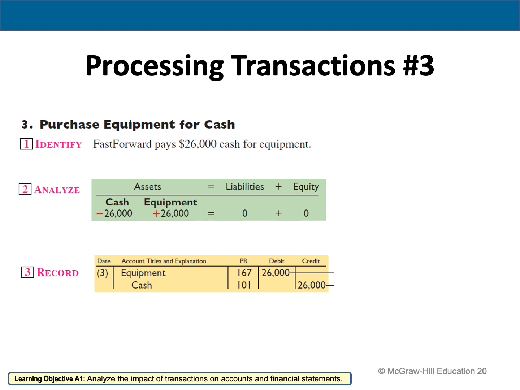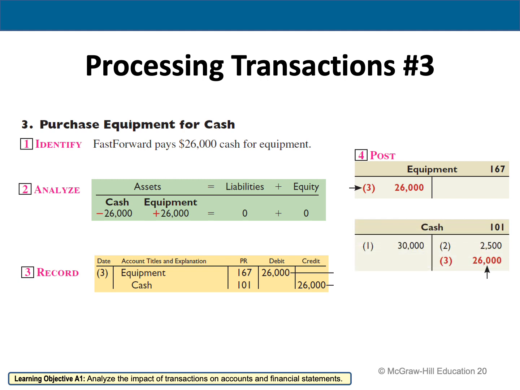Now the fourth step is we have to post those accounts in the T accounts. So I need to draw a T account for the equipment, and I have to record that I have 26,000 on the debit side. And I have to record the cash in the T account as well.